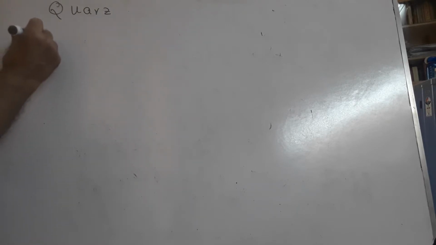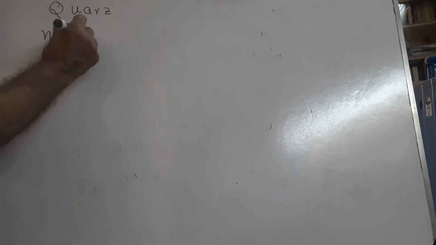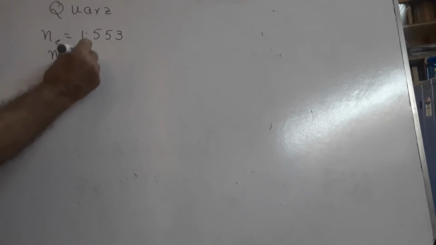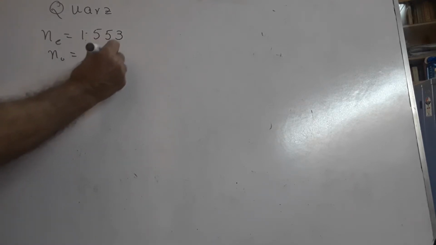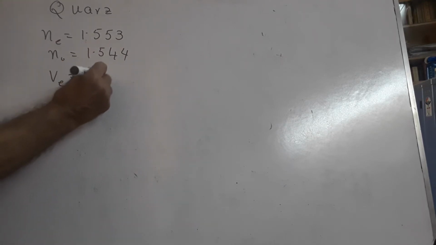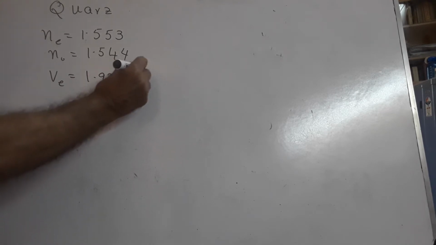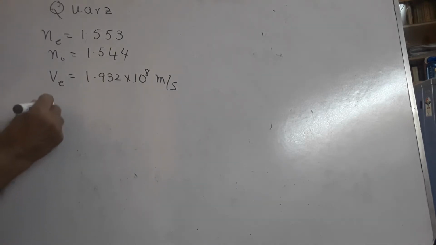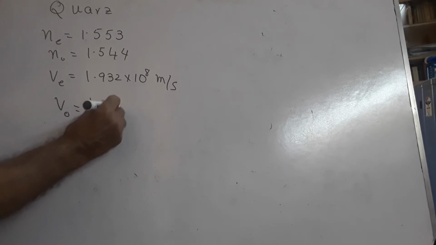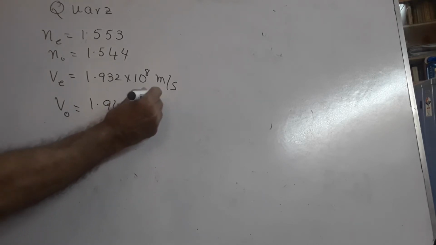So I have here for quartz Ne is 1.553 and No is 1.544, and so Ve you can calculate, it comes to 1.932 times 10 to the 8 meters per second, and Vo we will calculate is 1.943 times 10 to the 8 meters per second.